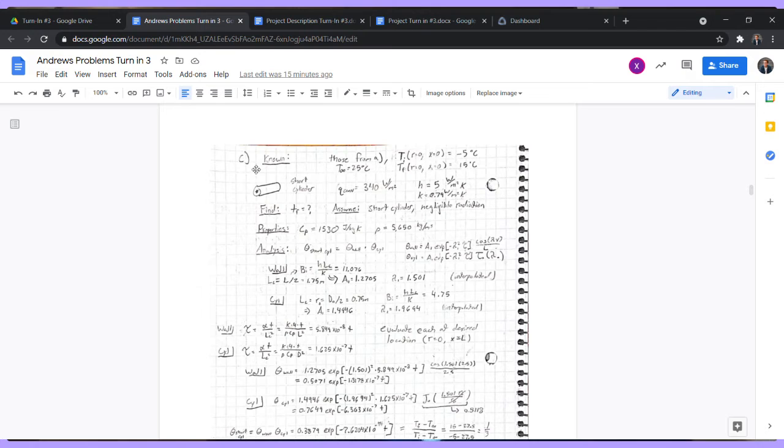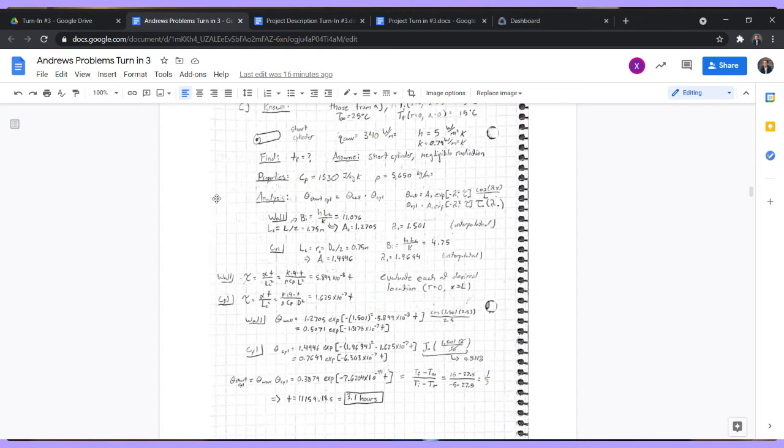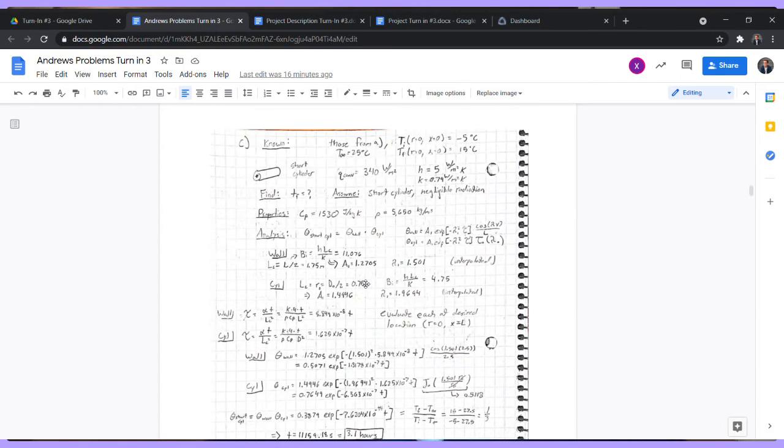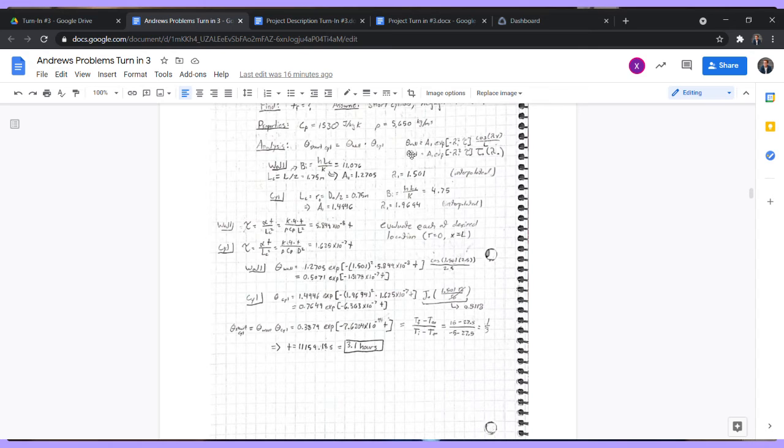Next, the temperature at the given time at this position here was found by doing a 2D transient heat transfer analysis, in which we examined our car as a short cylinder, which involved the analyses of a wall and a long cylinder model.